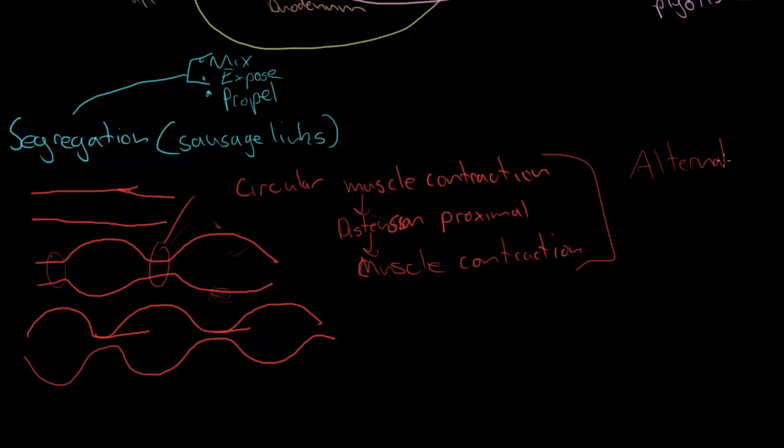Now what this does is it mixes the chyme, or whatever you want to call it, food, but it doesn't propel. Or it might propel a little bit, but it's quite minimal. So that's the mixing and the exposing.